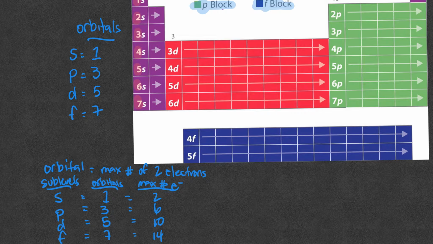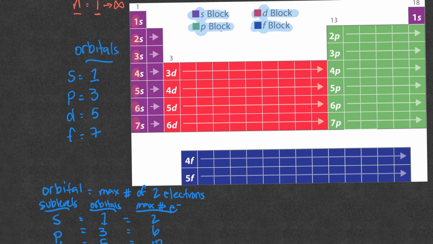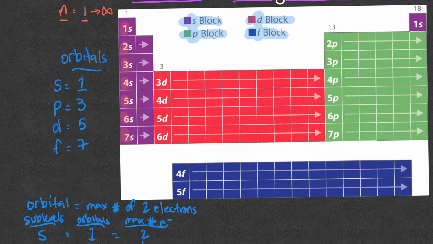Now, depending on the energy level, depends on what sublevels can exist. So for example, for all energy levels, you can look at this periodic table that I'm showing you, and I'm going to highlight it so you can see exactly what I'm talking about.